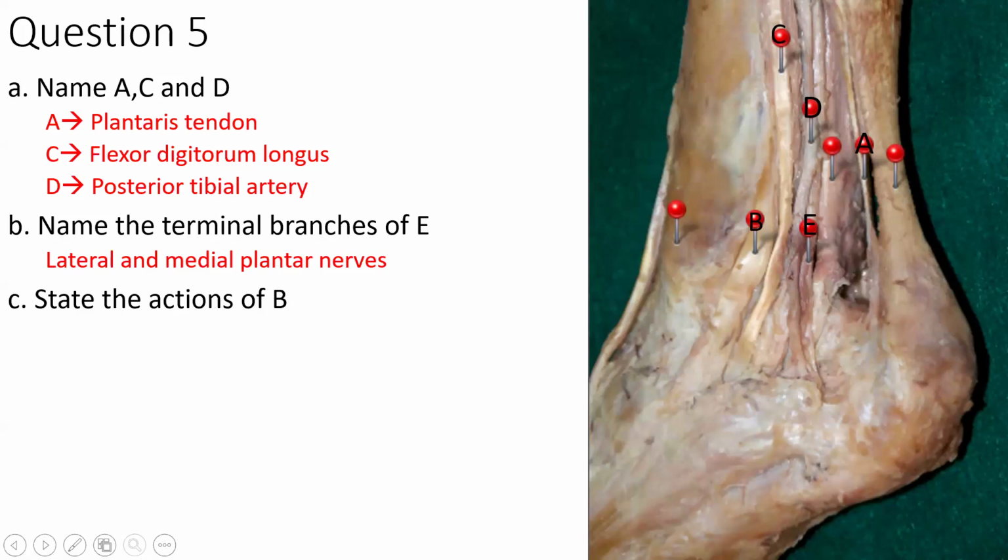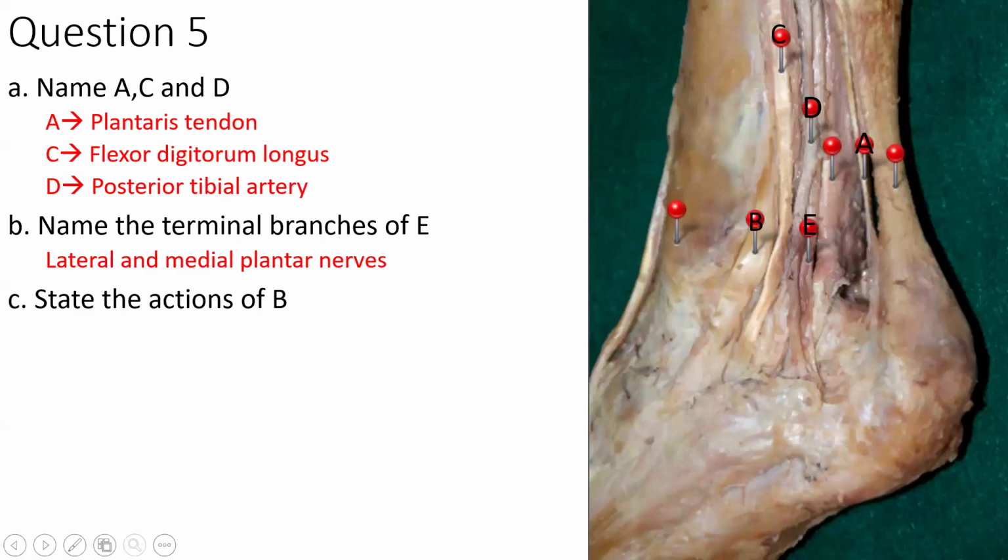Please, when you state the action of a muscle, kindly tell us what joint. So if you say the action of quadriceps femoris is extension, we don't know if you mean ankle extension or hip extension. So kindly make it a habit to include the joint.